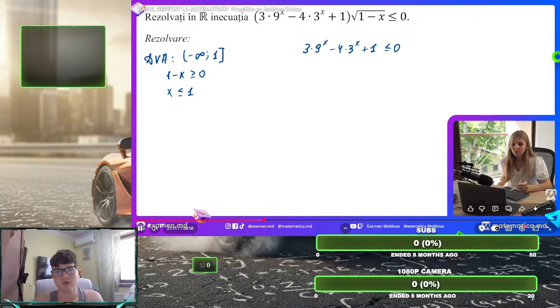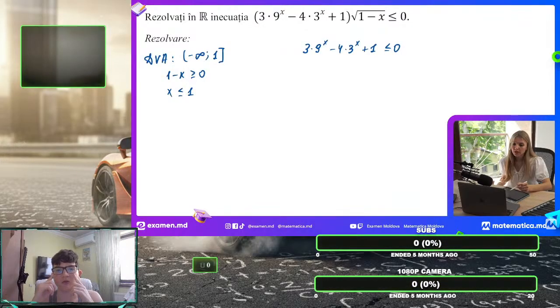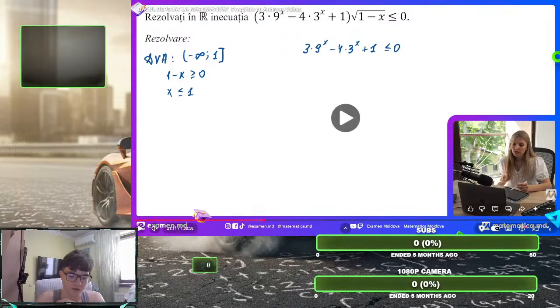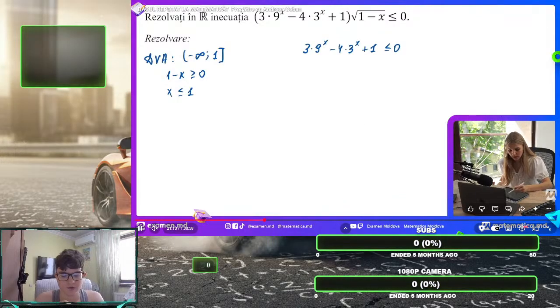So basically now we took the expression out and we just completely ignored the square root. I guess I can get it. I don't think it's going to be necessary for me to understand better why that happened.